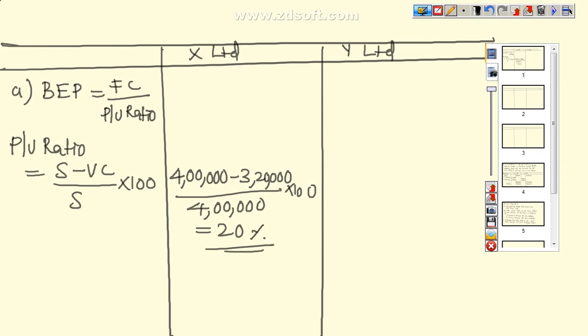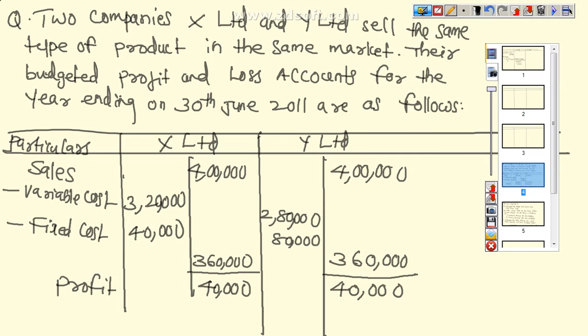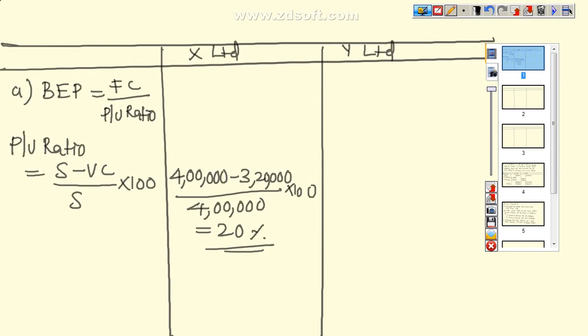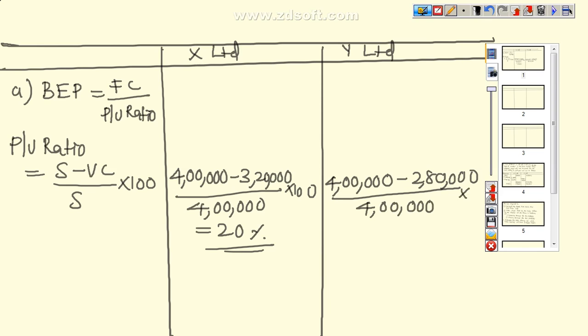Same we have to calculate for Y Limited. Sale is same and variable cost is 2,80,000, so we write here 4 lakh minus 2,80,000 upon 4 lakh into 100, that is equal to 30%. This is our first answer, PV ratio.